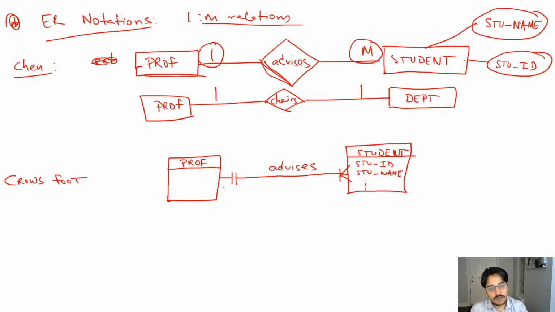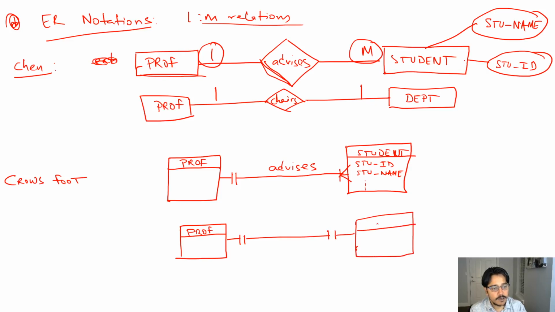Okay. So if you have 1:1, then your crow's foot notation would look something like professor, and then you will have two solid lines, and then two solid lines here, and then you have department.